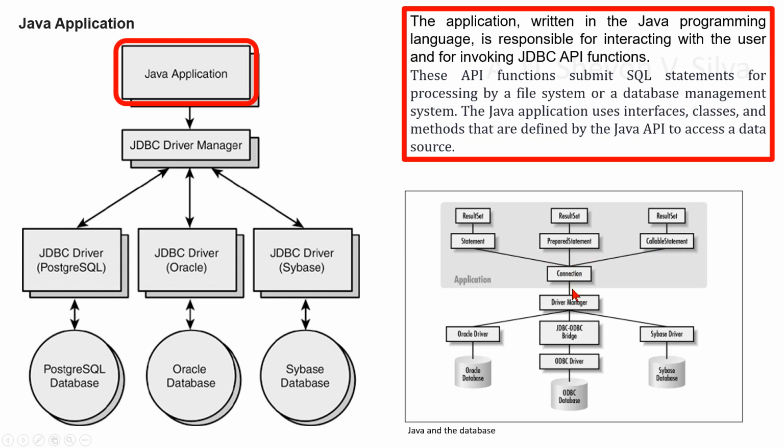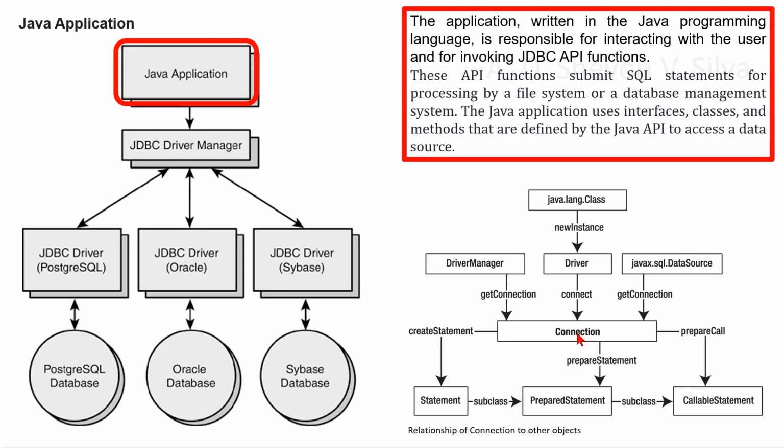Connection interacts with DriverManager. DriverManager interacts with the Oracle driver, the JDBC-ODBC bridge, and the Sybase driver here. The Oracle driver interacts with the Oracle database. The JDBC-ODBC bridge interacts with the ODBC driver. The ODBC driver interacts with the ODBC database. The Sybase driver interacts with the Sybase database.